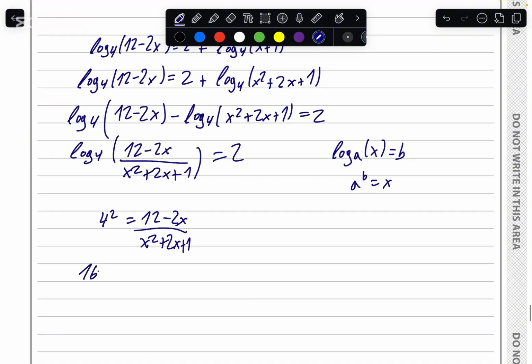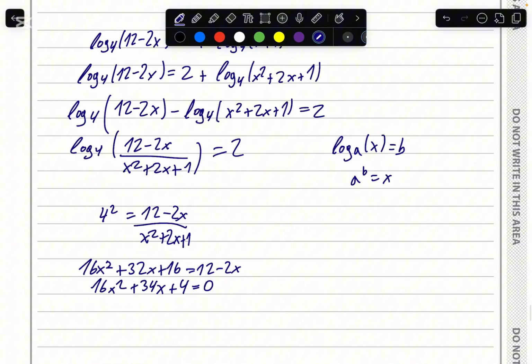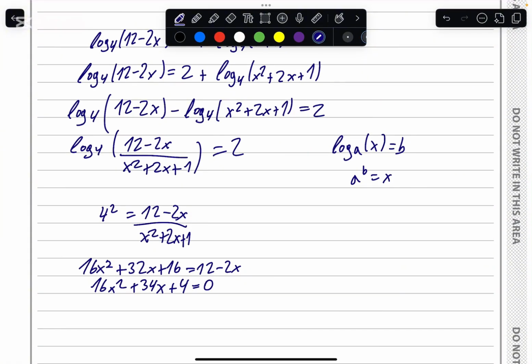So 16x squared plus 32x plus 16 is equal to 12 minus 2x. So 16x squared plus 34x plus 4 is equal to 0. If we go ahead and use the quadratic formula, we can find the value of x.